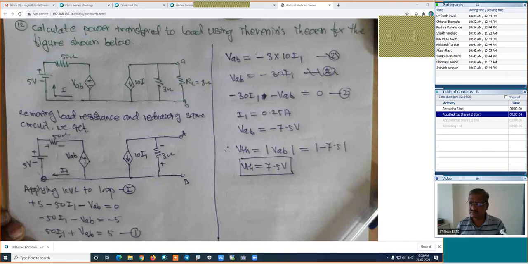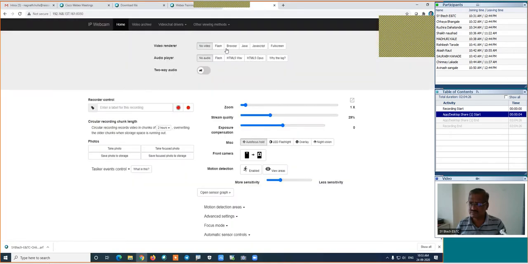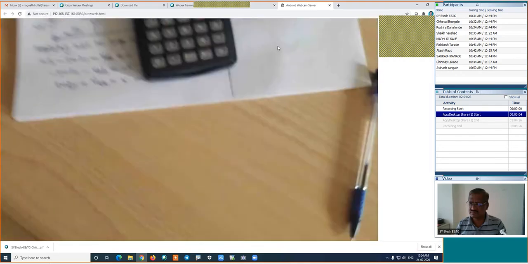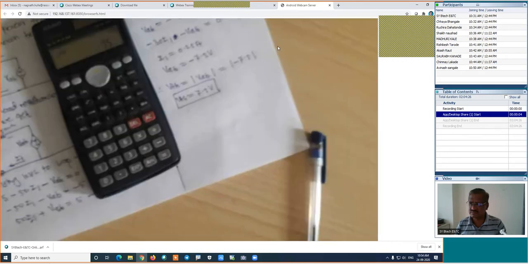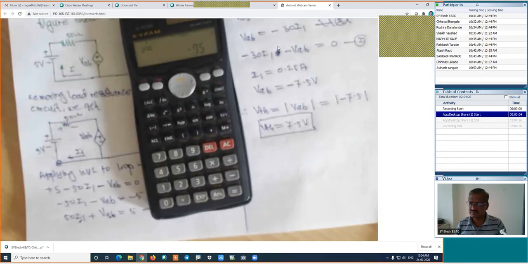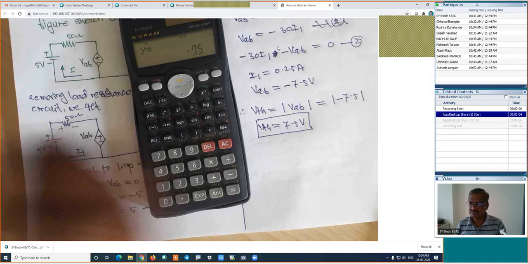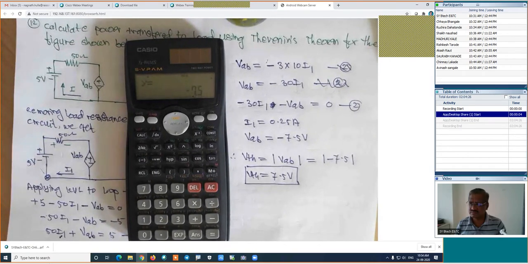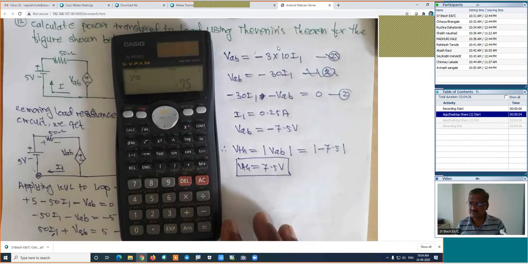Is it right? Just wait. My screen is stopped. I will clarify it first. I will check it out. What happened? So here, in this case, the next step is the calculation of RTH.